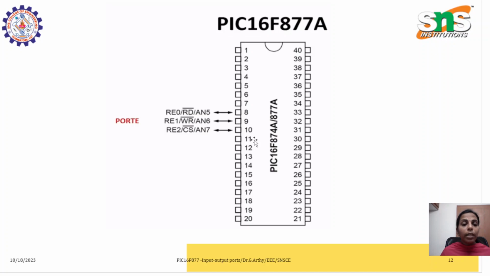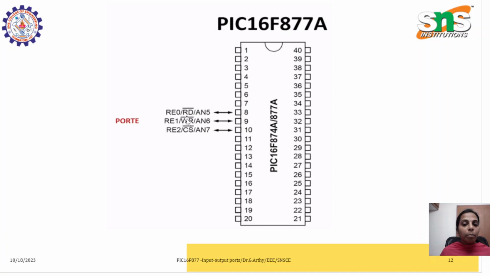Then finally comes port E. If you add all together, port A has 6 pins, and ports B, C and D have 8 pins each, so altogether 30 pins are over, and the remaining 3 pins will be in port E. That is, it constitutes pin numbers 8 to 10.